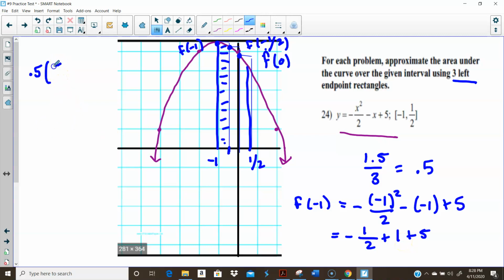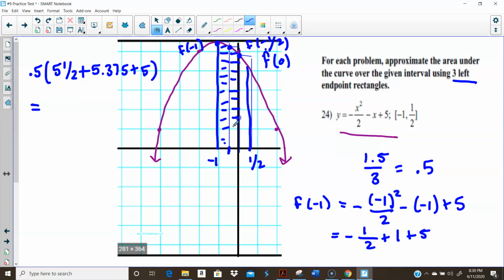So this is going to be 5.5, or you could write it as 11 halves, plus, then you're going to do the same thing for f of -1/2, and then the same thing for f of 0. So I did f of -1, f of -1/2, and f of 0. I'm going to add those together and multiply by 0.5, and that's going to give me the area of these 3 rectangles.